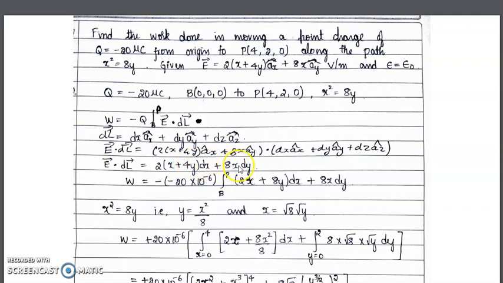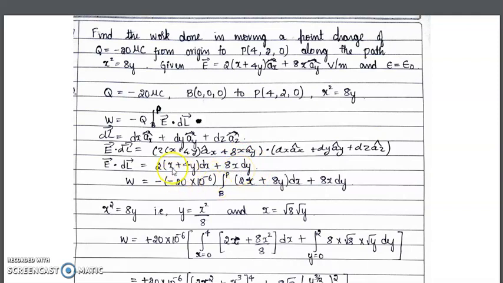Here also the differential term is with respect to y, but an x term is present. What to do is replace x or y with respect to the other coordinate. If you want to replace y here, you can replace y with respect to x. Here also you have to replace dy with respect to x. Then you can apply the integration limits.